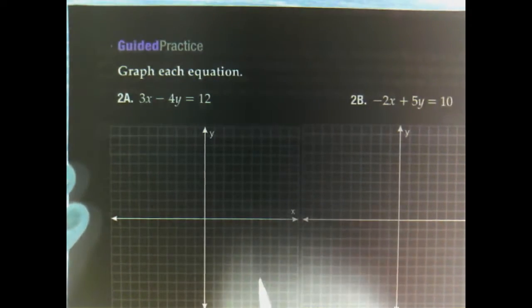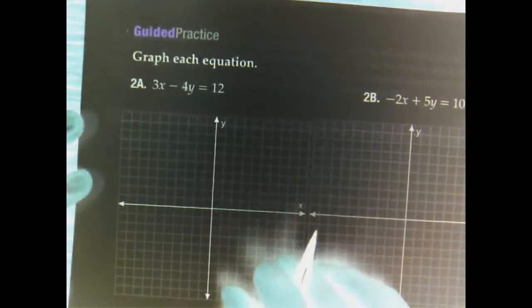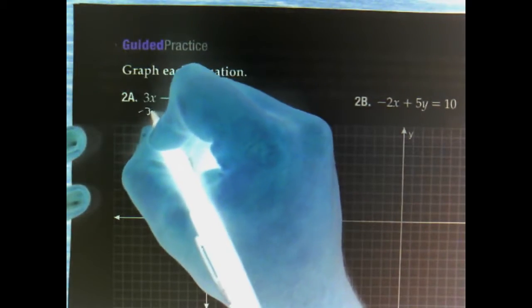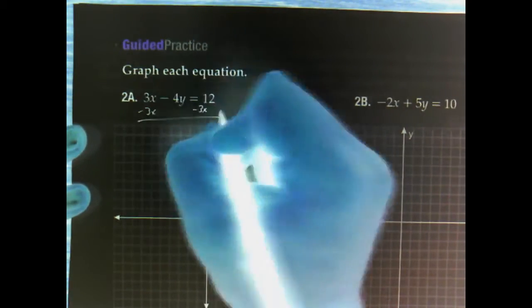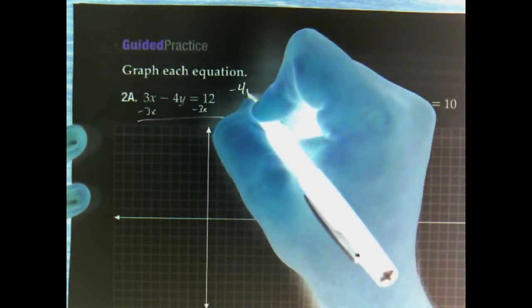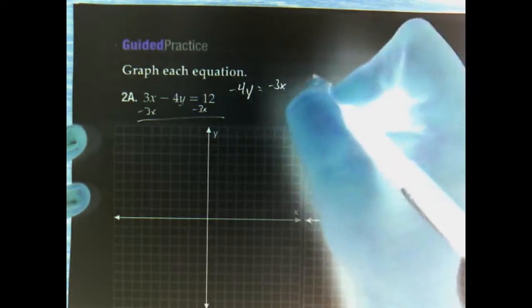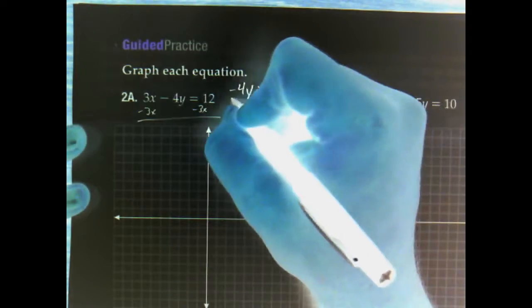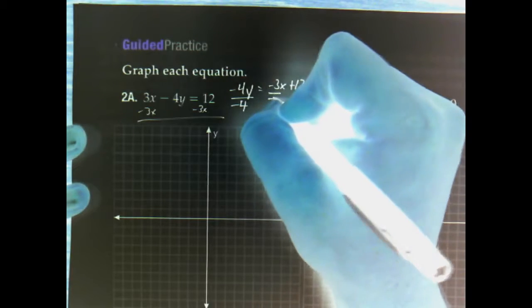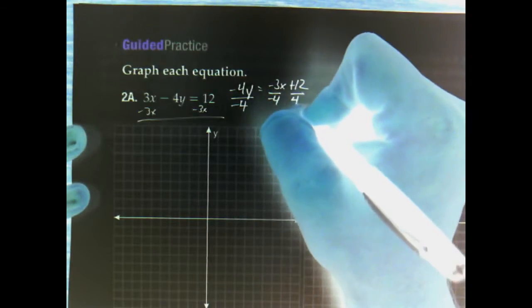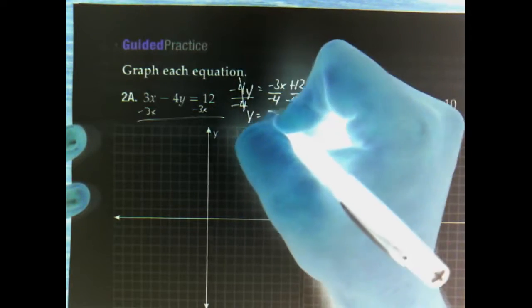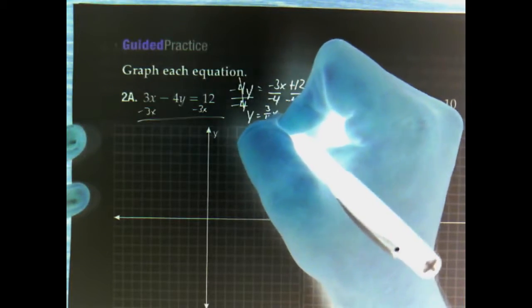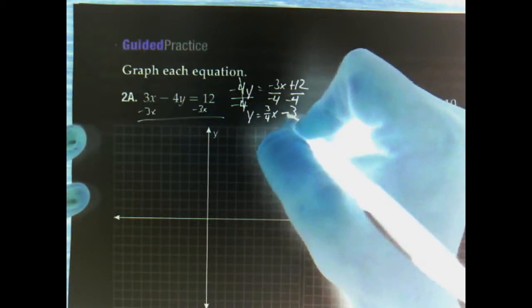So again, we want to solve for y to get it into y equals mx plus b form. Subtract 3x. I end up at negative 4y is equal to negative 3x plus 12. Divide everything by a negative 4. So y equals a positive 3/4 x minus 3.